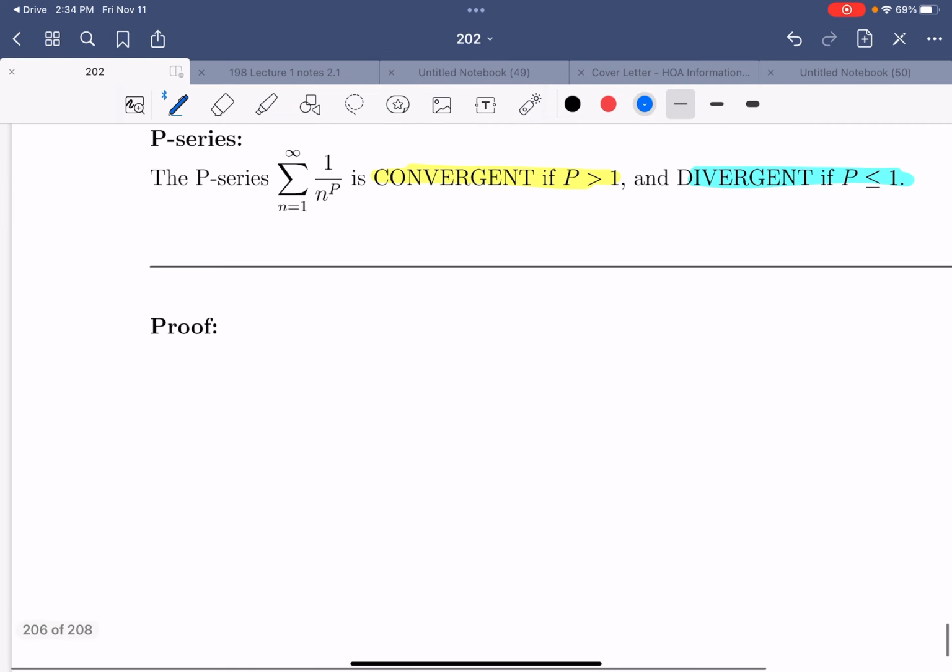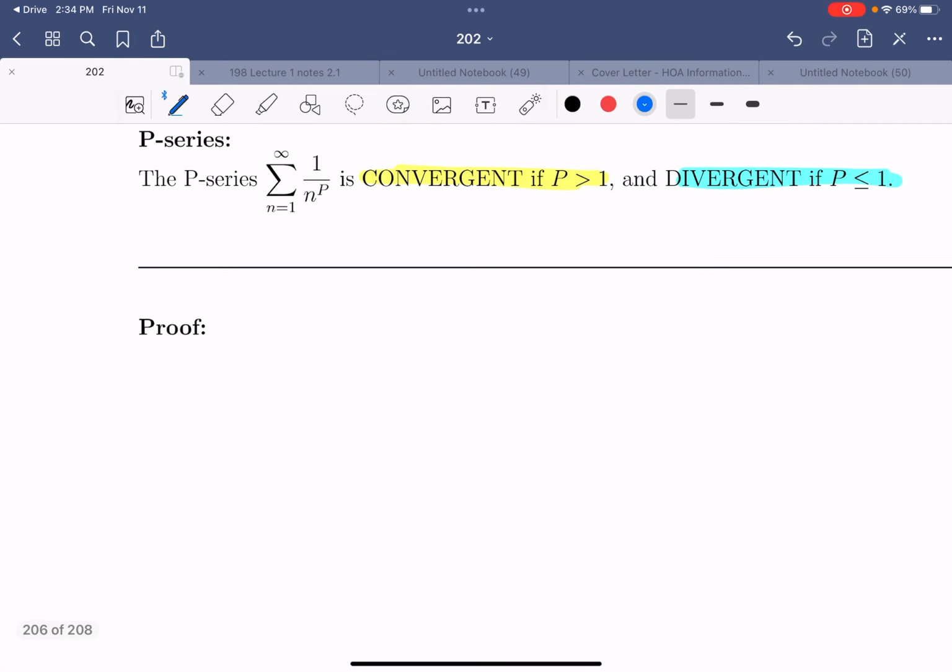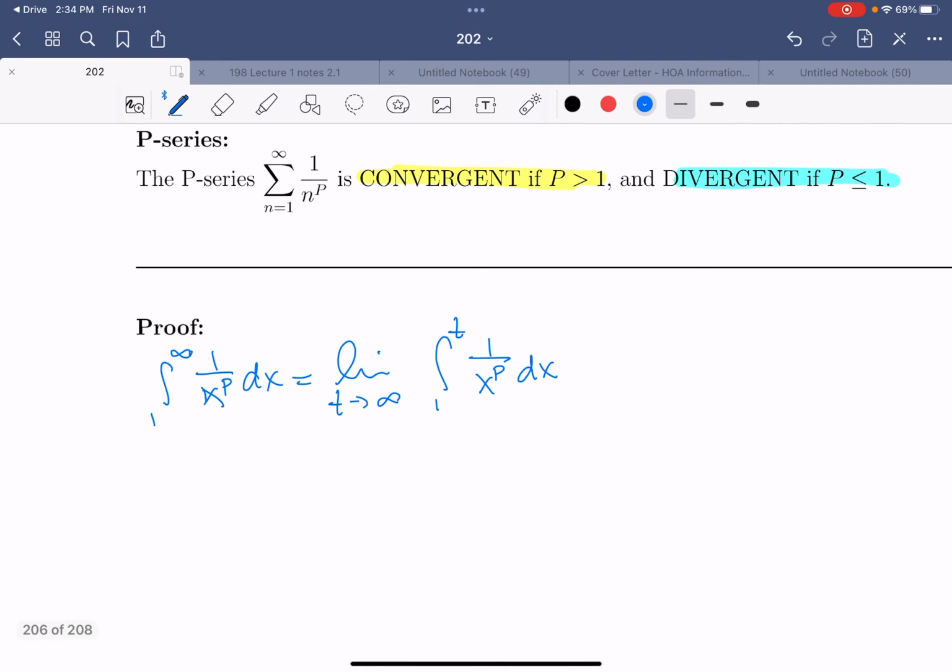Okay. So that's because we're going to look at the integral. So the proof here is the integral from 1 to infinity, 1 over x to the p dx. And so this is the limit as t goes to infinity, integral from 1 to t of 1 over x to the p dx. Okay, now we want to show that if p is greater than 1, this converges.